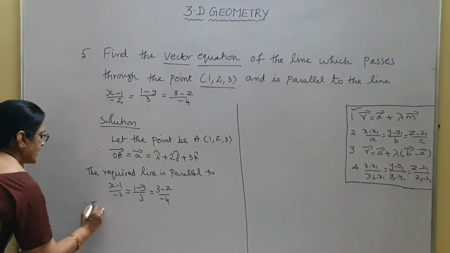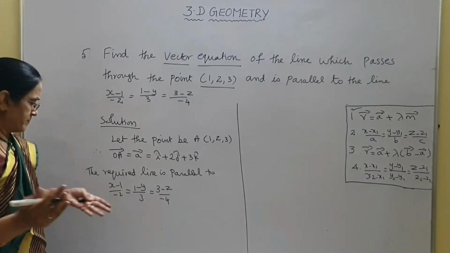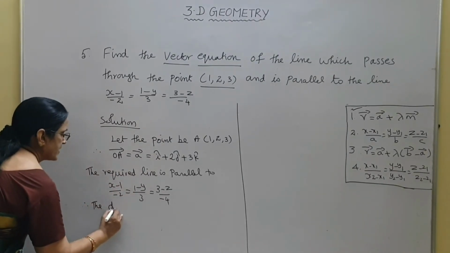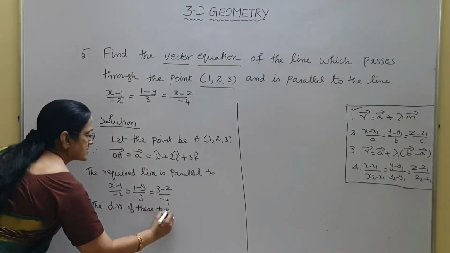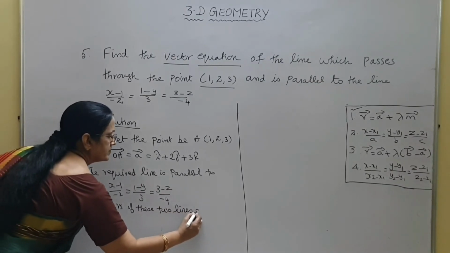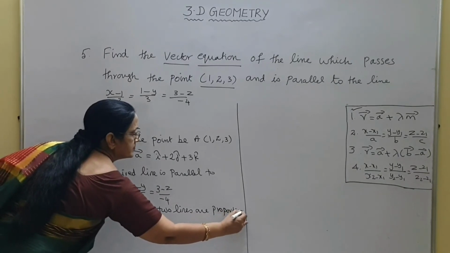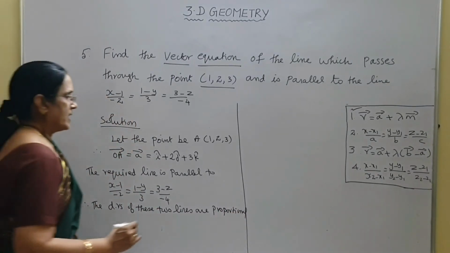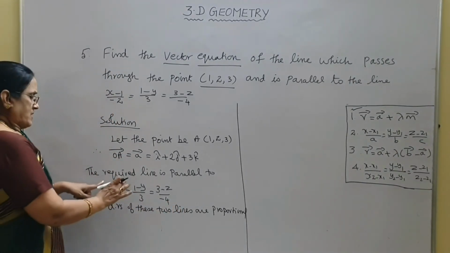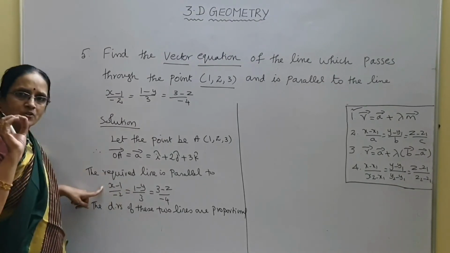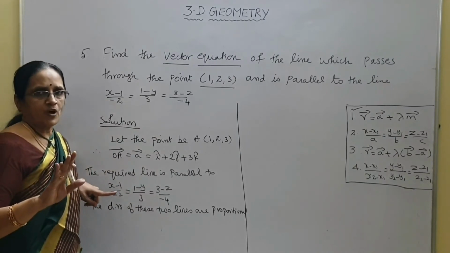Therefore, the direction ratios of these two lines are proportional or one and the same. So the DRs of these two lines are proportional. Now, our aim is to find out the DRs. First of all, by looking at it, you can easily say this line is not in standard form.